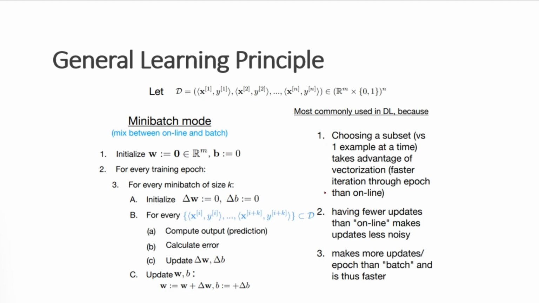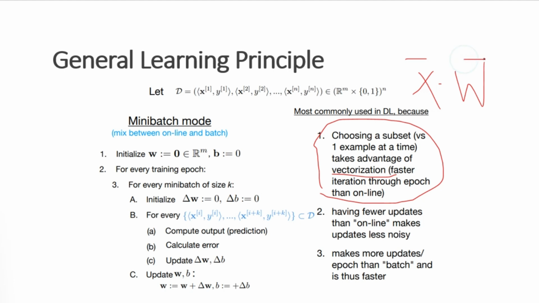So one would be that when you are choosing a subset such as a mini batch, instead of just one example at a time, we can take advantage of vectorization that we talked about in the previous video. In the previous video, we had seen that we can compute things efficiently. When we had, for example, a training matrix containing multiple entries multiplied by the weight vector, we could process multiple training examples at a time, which is then faster than executing this multiplication with a vector in a for loop.